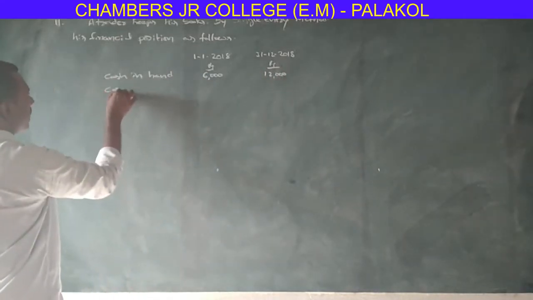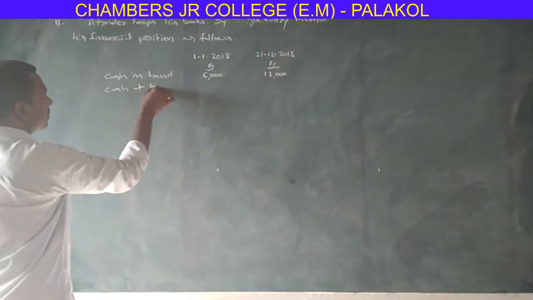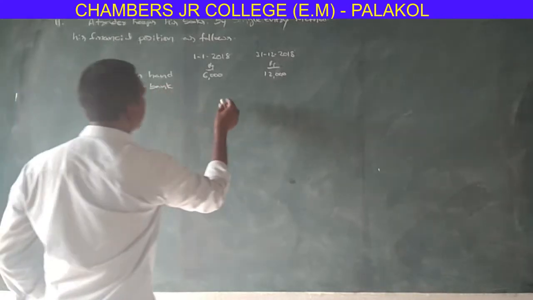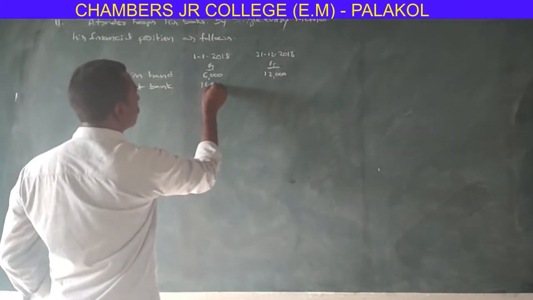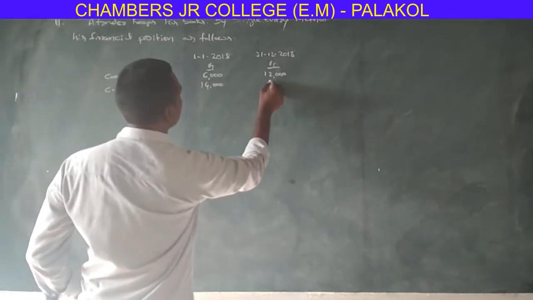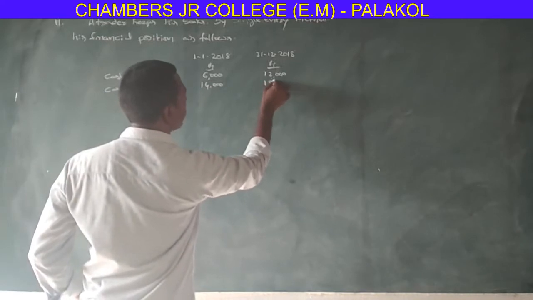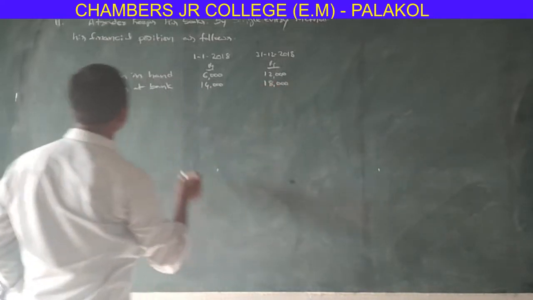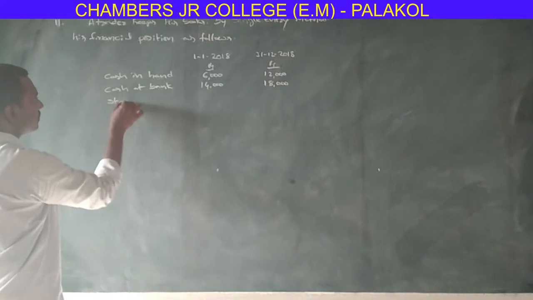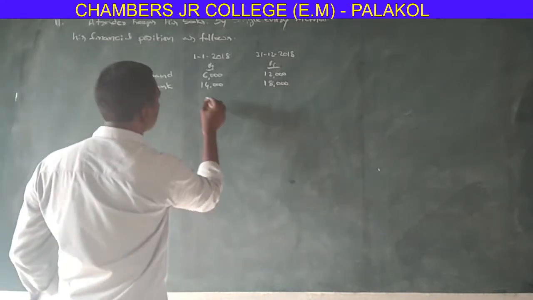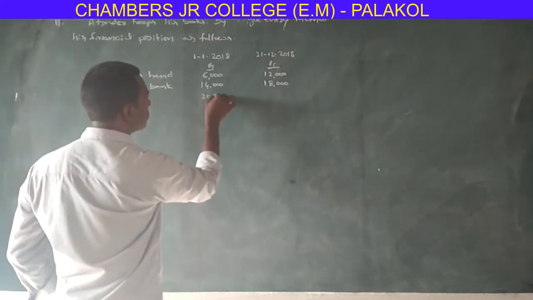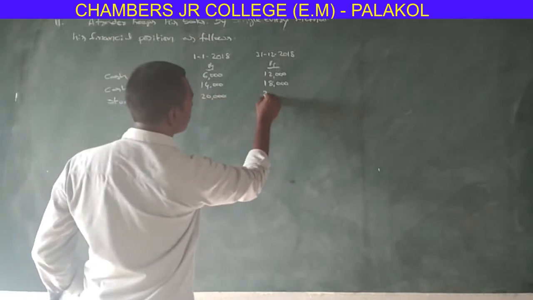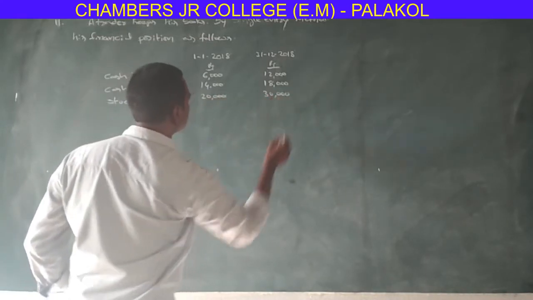Cash at bank, rupees 14,000, rupees 18,000. Stock, rupees 20,000, rupees 30,000.